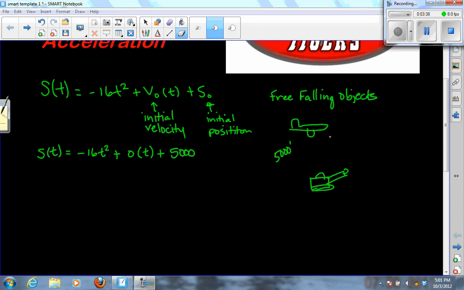So let's say I wanted to know something like how hard or how fast would the bomb be falling when it hit the tank. So we already know from a minute ago that this will hit the tank at about 17.7 seconds.